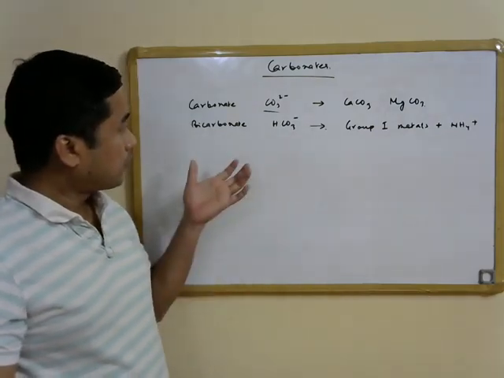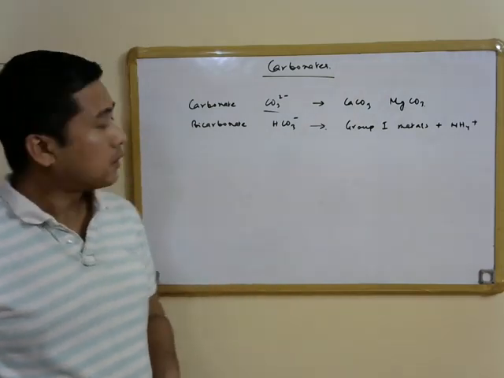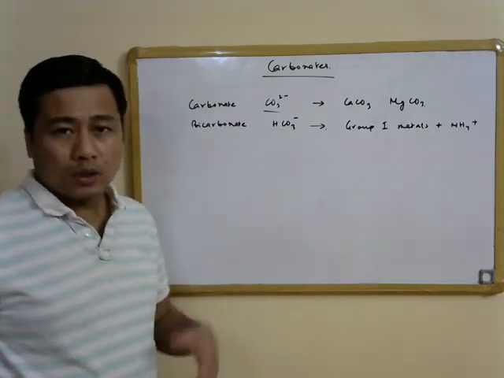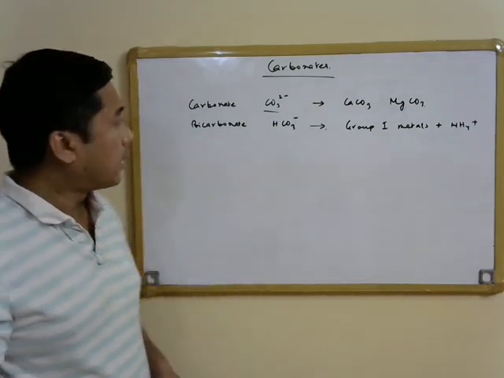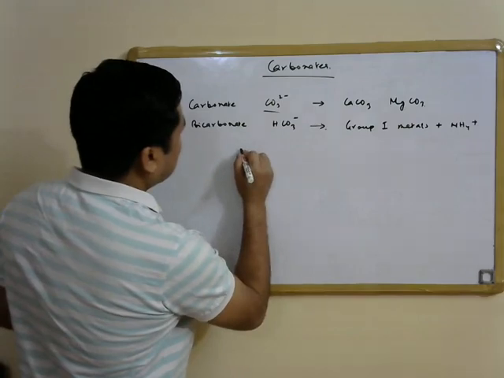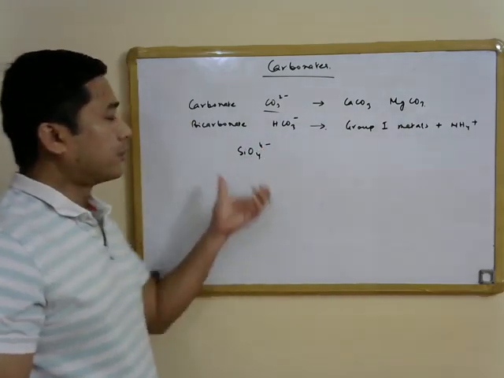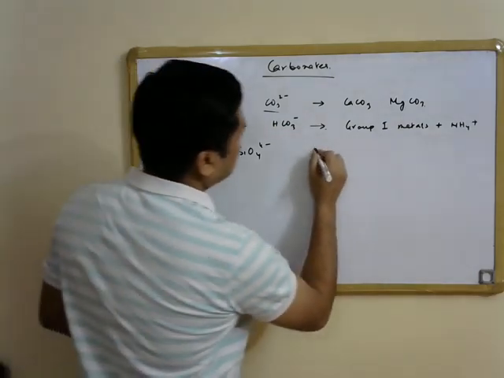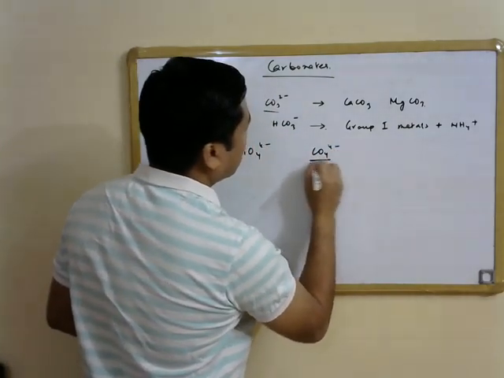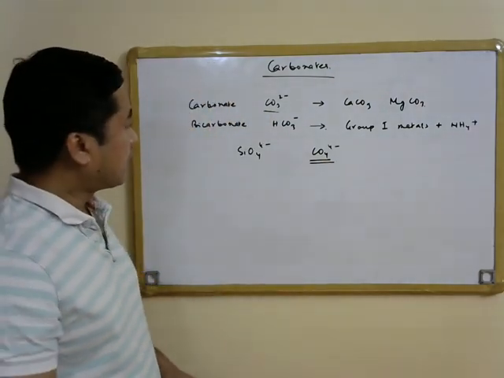Now one particular aspect that we must notice here is that when we look at the oxides of carbon and silicon, silicon forms an ion SiO4 4 negative, but carbon does not form this sort of ion, and instead we only encounter CO3 2 negative.